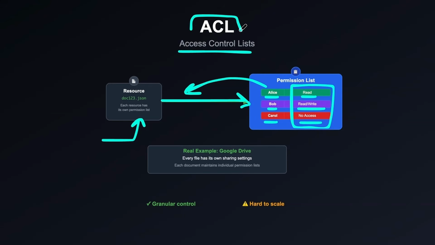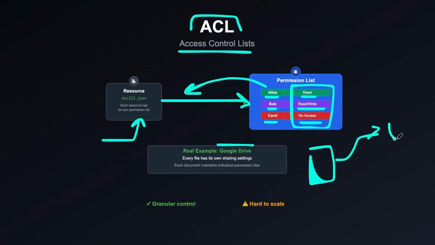ACLs are highly specific and also user-centric, which means it's hard to scale them well in systems with millions of users or objects unless you manage them carefully. But for example, Google Drive is one example of this, where you have documents like a Google Doc, and then you share this Google Doc with your colleagues, right?